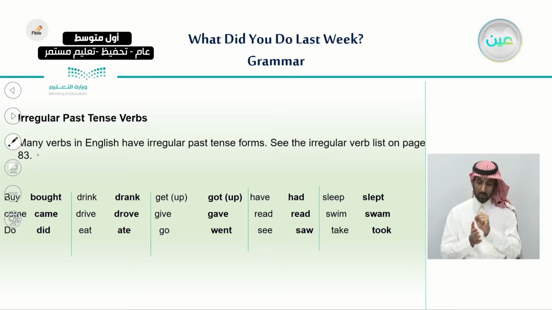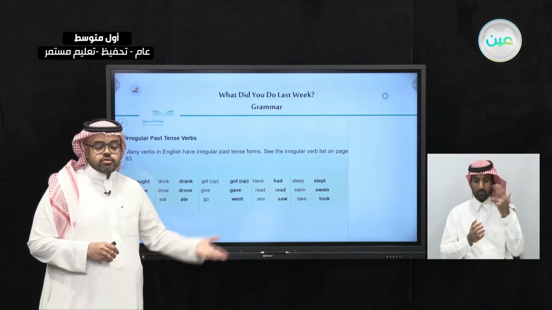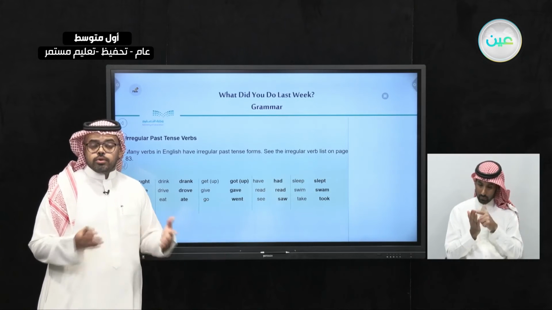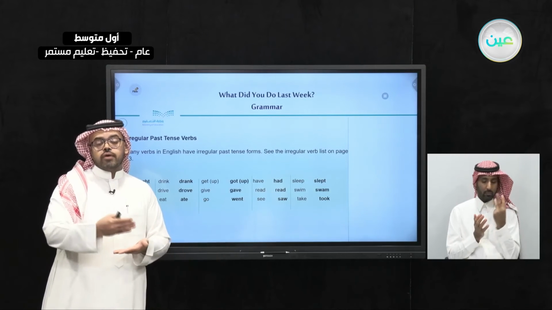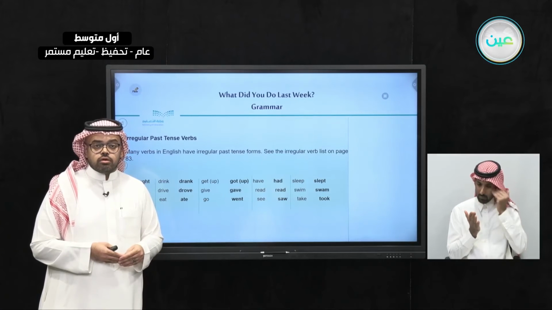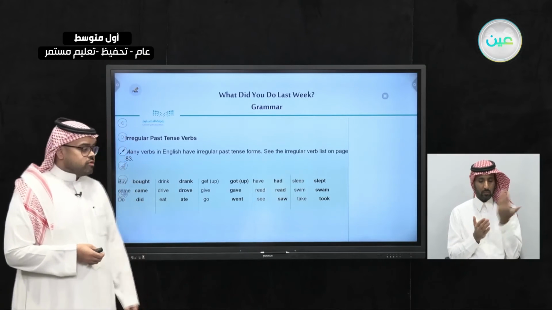Many verbs in English have irregular past tense forms, and you can see a large list of these irregular verbs on page 83. I would recommend that after this class you open your books on page 83 and find the list of these irregular verbs. Let me read you some of these examples.